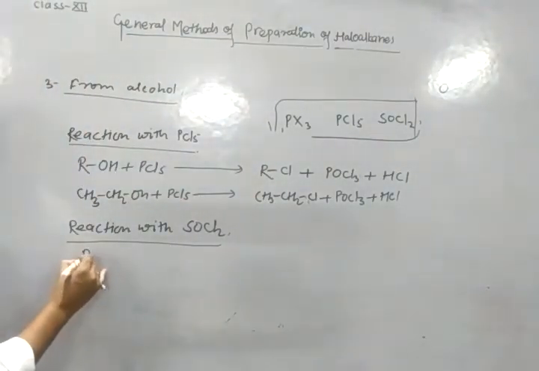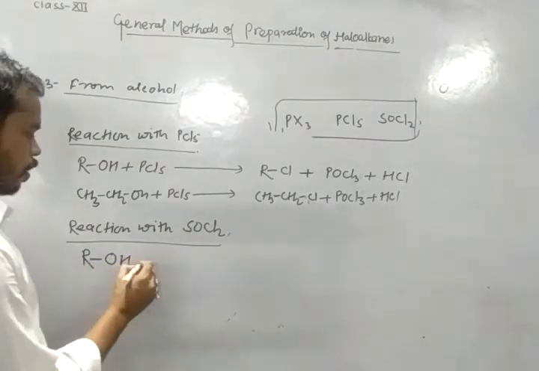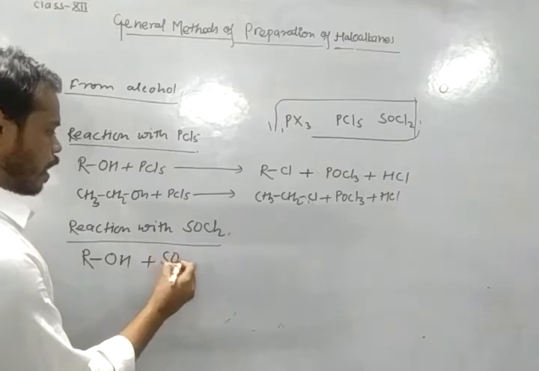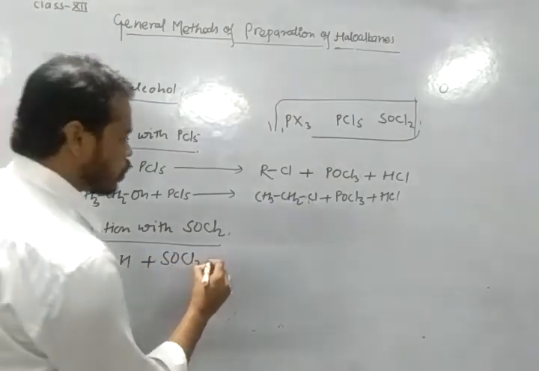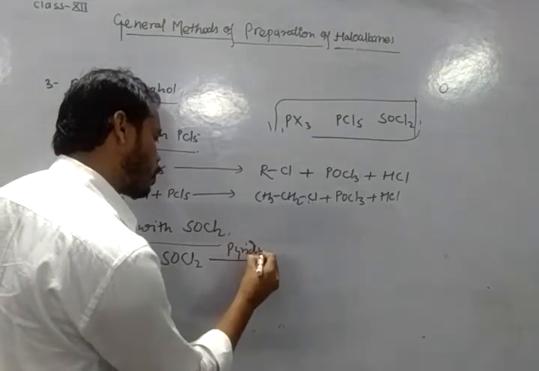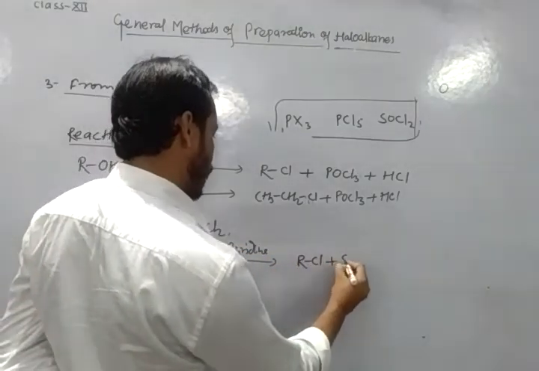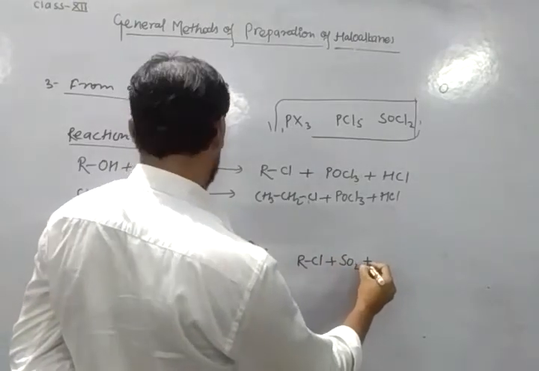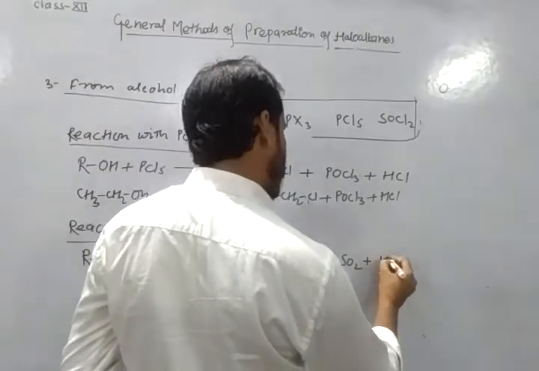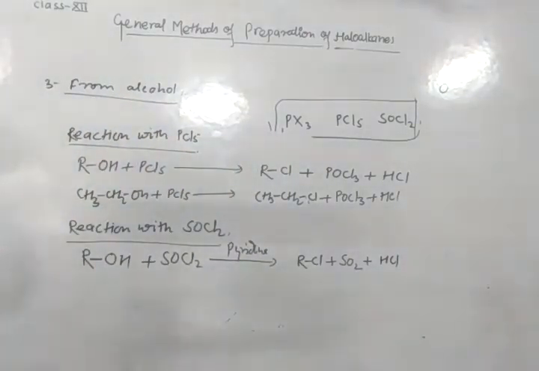Now let us see the example. ROH, alcohol, when treated with thionyl chloride SOCl2 in the presence of pyridine, forms RCl, with SO2 plus HCl as byproducts. Clear? You can see the reaction.